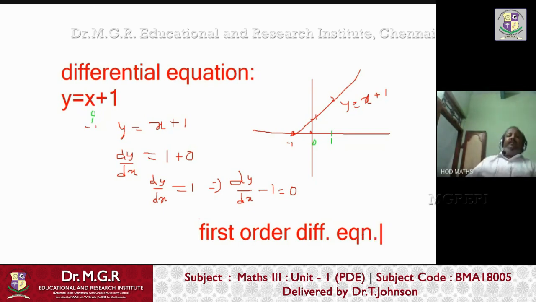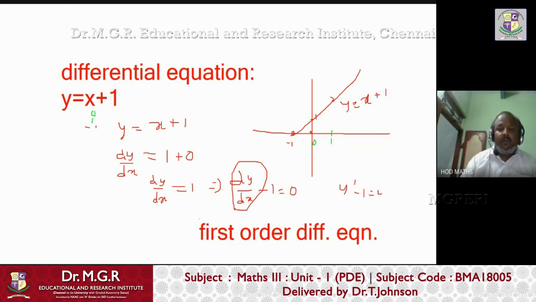Why is it called first order? Because it has a first order derivative, dy by dx. If it were d square y by dx square, it would be a second order derivative. It is also an equation: dy by dx minus 1 equals 0. Otherwise, you can write this as y dash minus 1 equals 0.